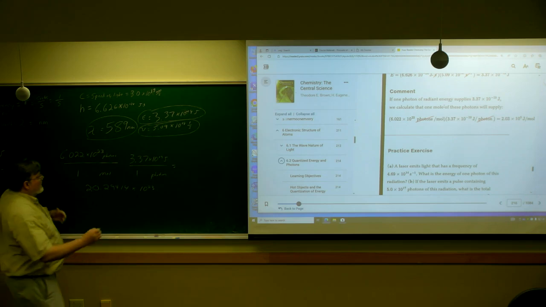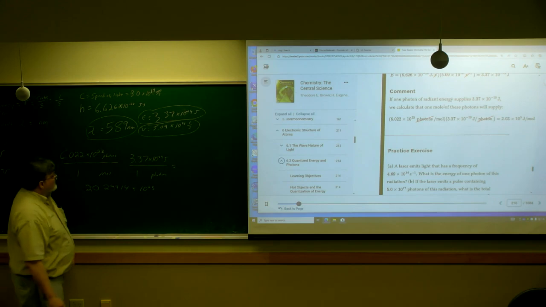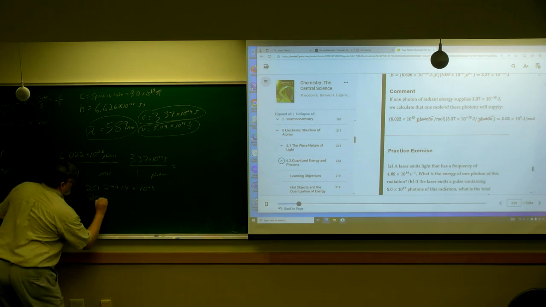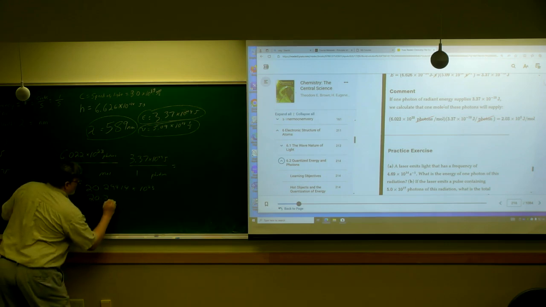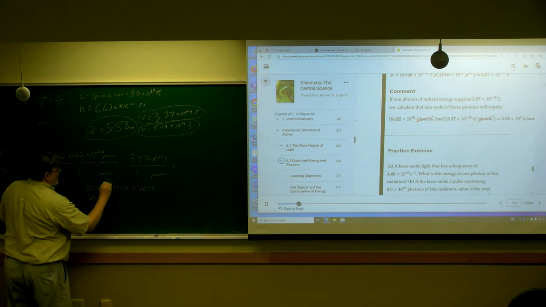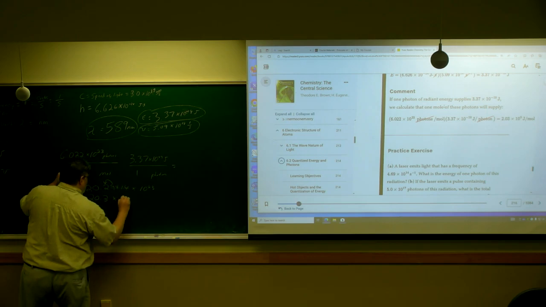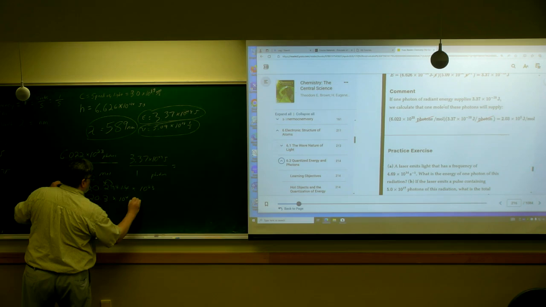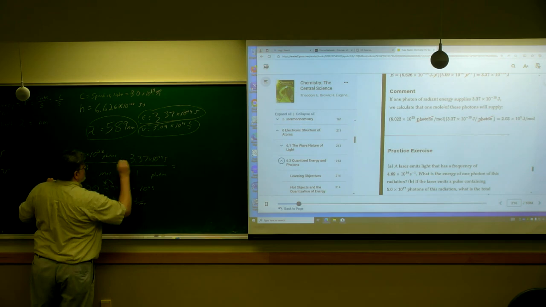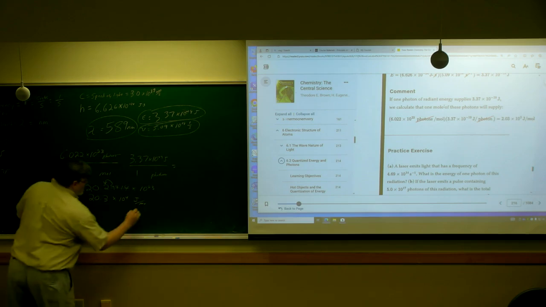That's what I had, 10 to the negative 19. 23 minus 19, I get us 10 to the 4. And I'm going to do a 3 here. Rounding, getting rid of that. Joules per mole. Photons cancel, joules per mole. Energy per mole of sodium atoms.